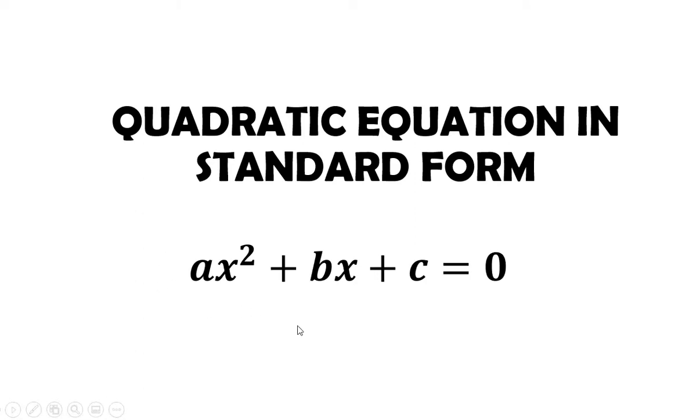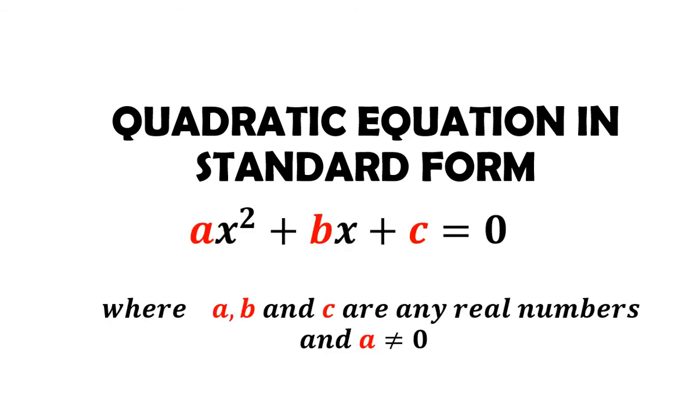Always take note of this standard form, kasi napaka-essential nito for this topic. Dapat intindihin niyo o i-memorize niyo itong standard form, ax squared plus bx plus c equals 0.